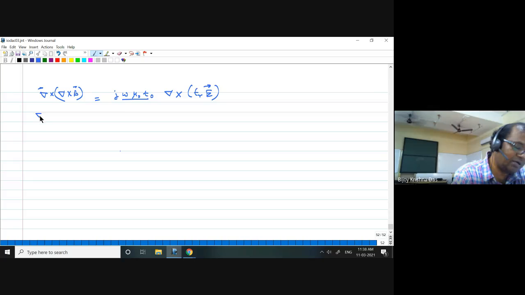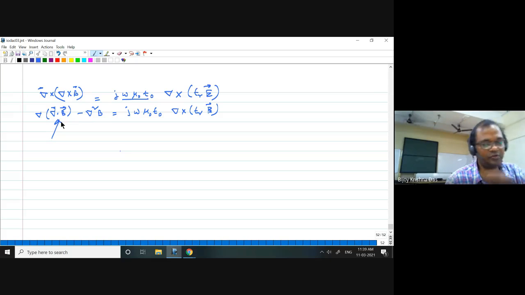Again, you can write curl of curl B as grad of divergence B minus grad square B, equal to the same thing, j omega mu 0 epsilon 0 curl of epsilon r E. Obviously, divergence B is 0, because magnetic monopoles normally do not exist.